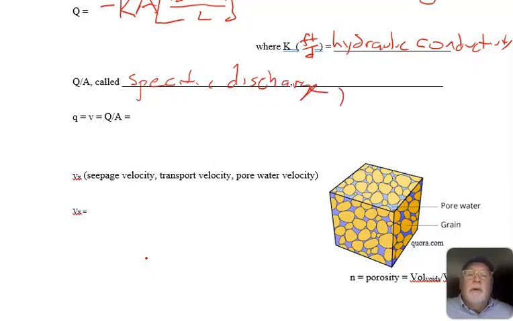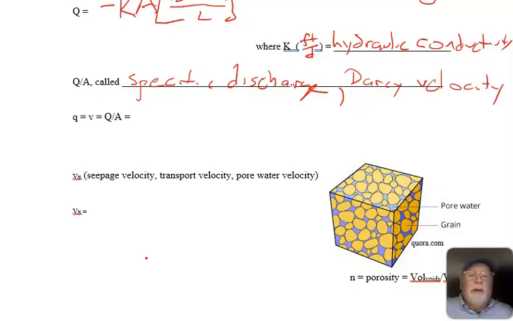Sometimes it's called the Darcy velocity, because again, it's not an actual velocity. Some people use a little q for that, which I like. Some people use a little v for that, which is a little confusing because it looks like a velocity.